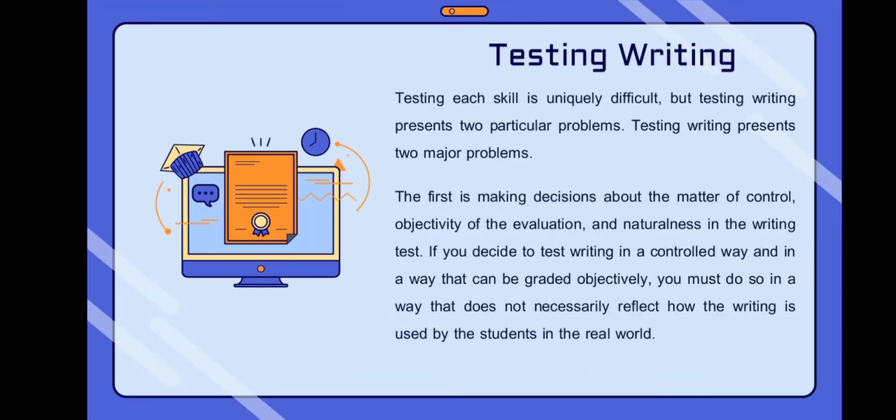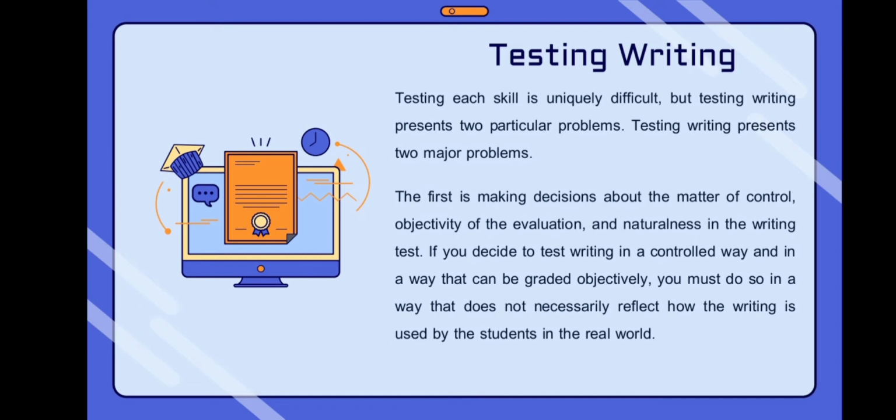Introduction. Testing writing. Testing each skill is uniquely difficult, but testing writing presents two major problems. The first is making decisions about the matter of control, objectivity of the evaluation, and naturalness in the writing test.